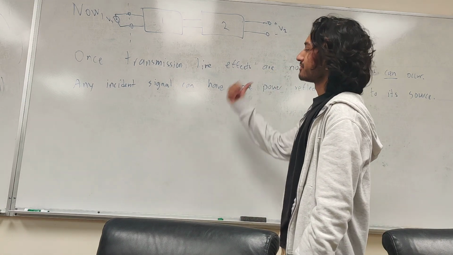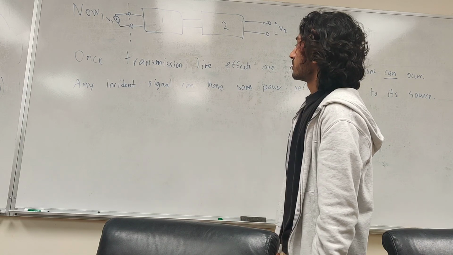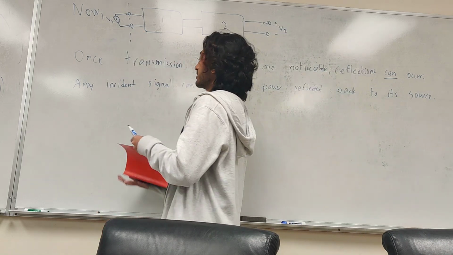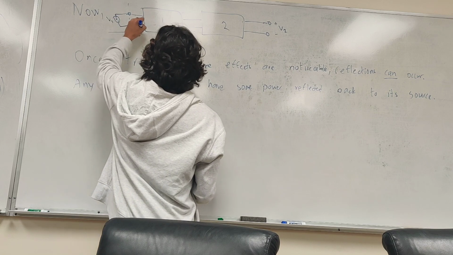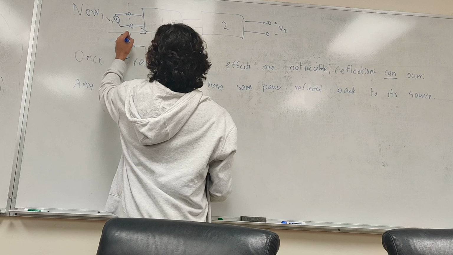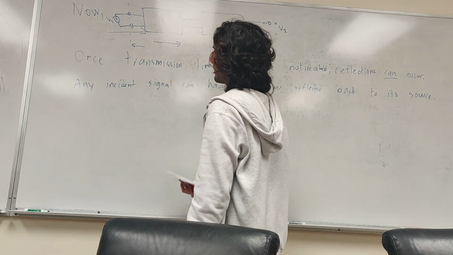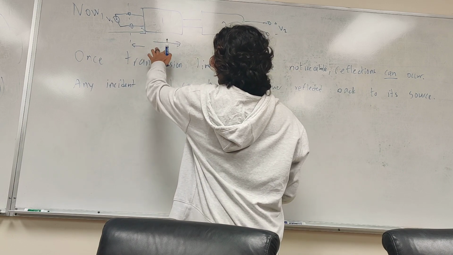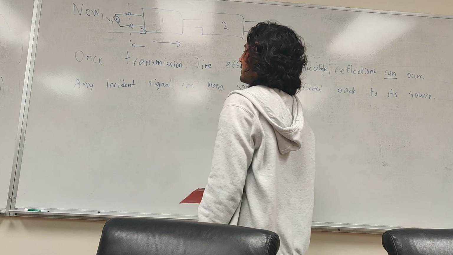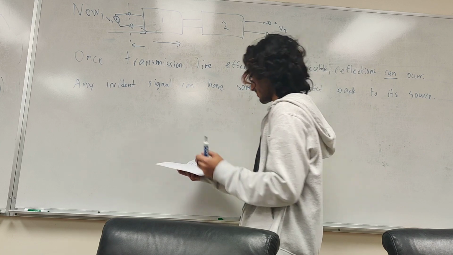We want all of it to go through. That's the best case scenario. It's not always possible. So the problem is now if we apply some signal here, some of it goes through, some of it continues going through, maybe a smaller amount, and some of it gets reflected back. We can use conservation of energy to figure out how these should add up, since energy is conserved. Is there a way to quantify how much is reflected compared to how much goes through? And that's where S parameters come in.